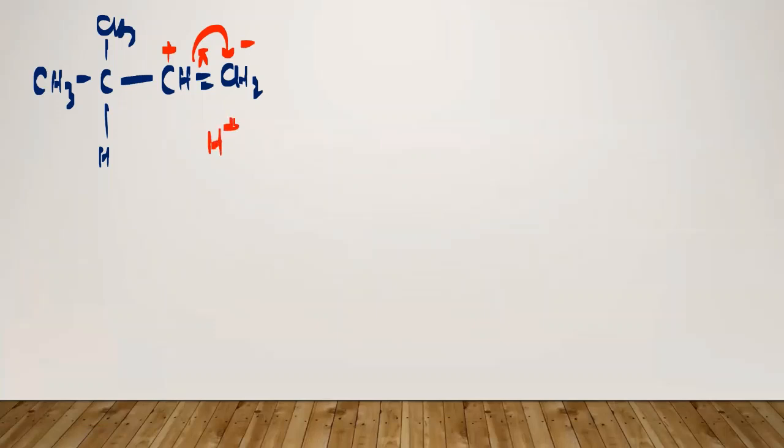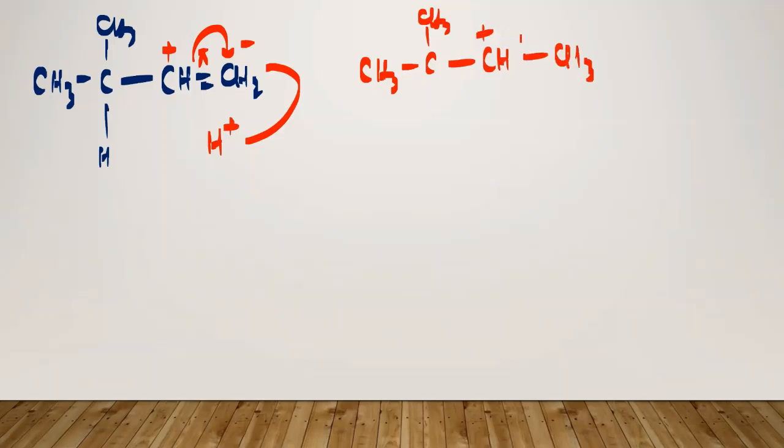Then bring H plus and shift it here to CH2 minus. So you will be getting here CH3, C, CH3, then CH plus, and then CH3. So my dear friends, the carbon which you have gotten right out there is basically the 2-degree carbon. So we have here 2-degree carbocation.